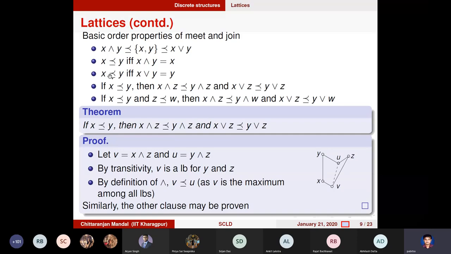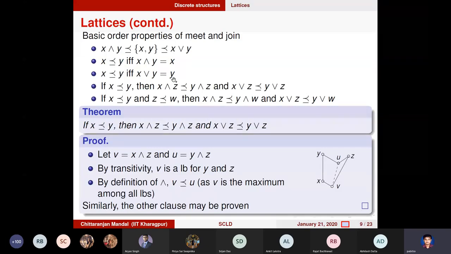If the meet of x and y is x itself, then x is less than or equal to y. Similarly, if the join of x and y is y itself, then x is less than or equal to y. Basically, earlier I said this, then I said this, and if I know this, I can also say this. So it is if and only if.